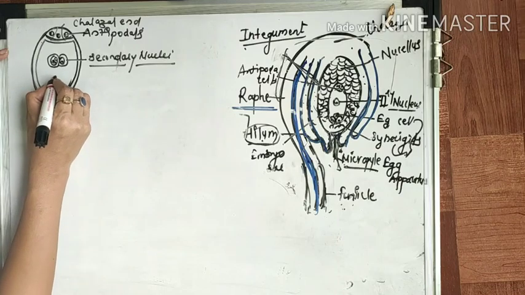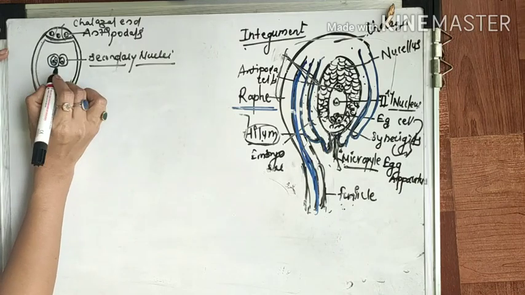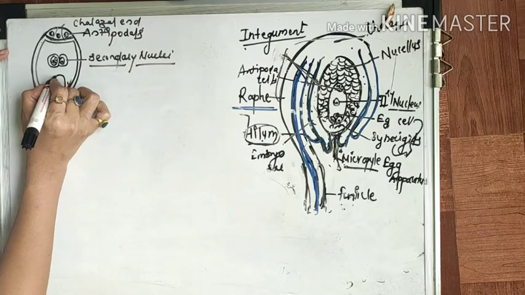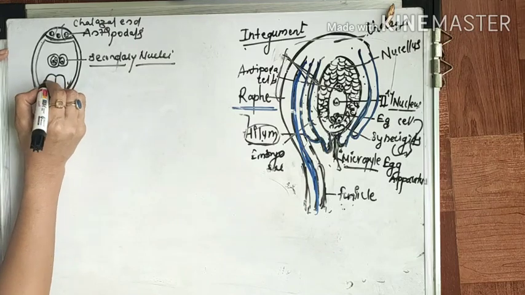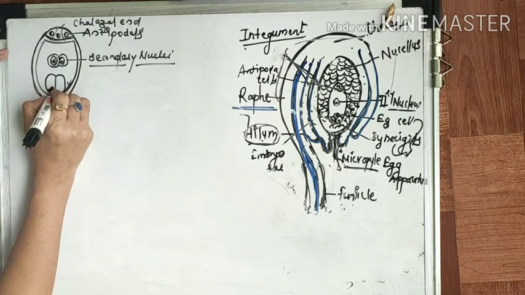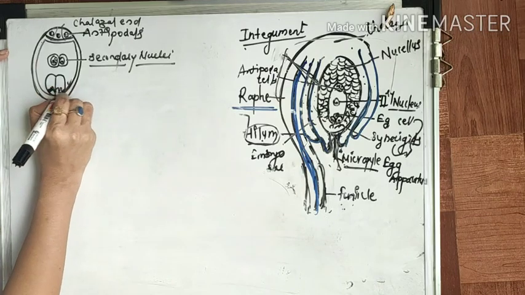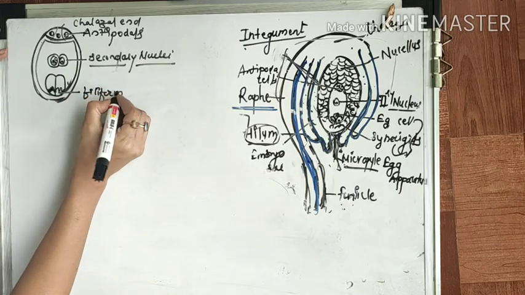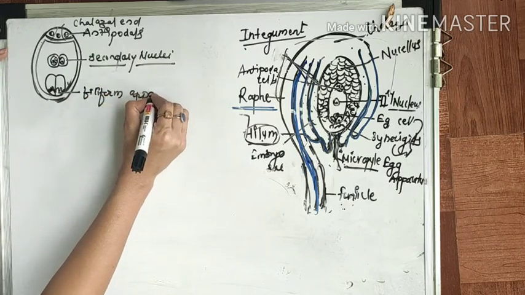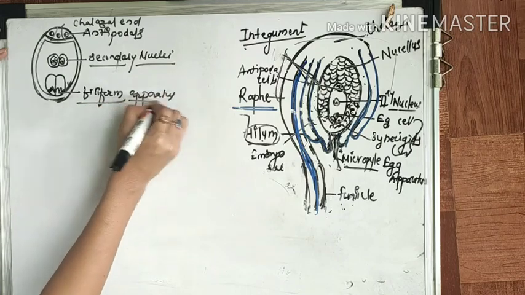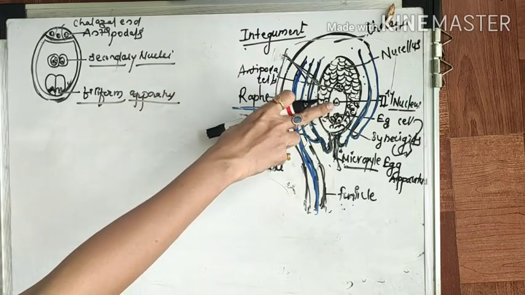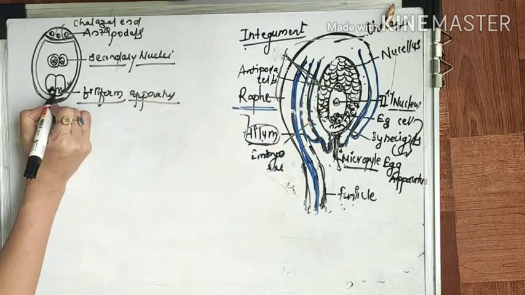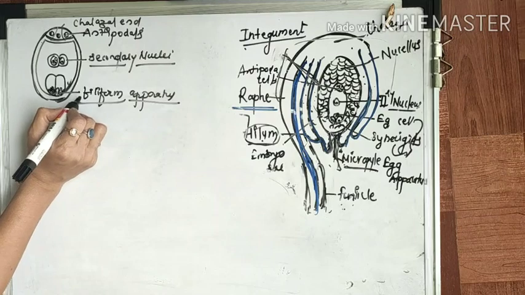And here again I am drawing 2 parts. Some part is like that, and that is called the filiform apparatus. You can't observe it carefully here, but here is a detailed structure of the embryo sac. You can see this structure, that is called the filiform apparatus.